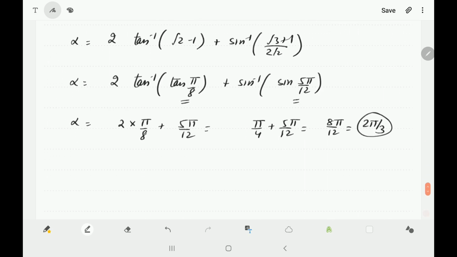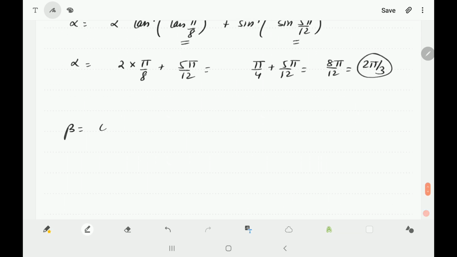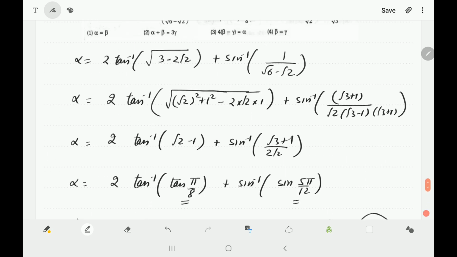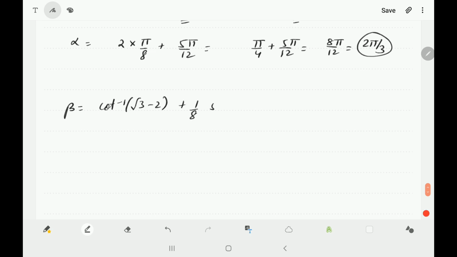Now let's move on to beta. Beta is given as cot inverse of root 3 minus 2 plus 1 by 8 times secant inverse of minus 2. Okay, because root 3 minus 2 is a negative value, we can write this term as pi minus cot inverse of 2 minus root 3 also, or you can write this term as pi by 2 minus tan inverse of root 3 minus 2.